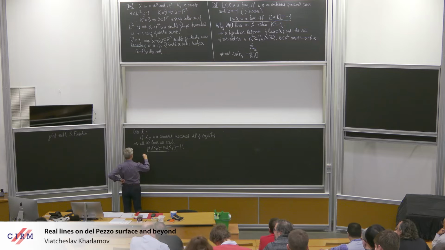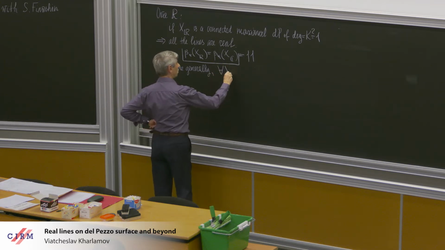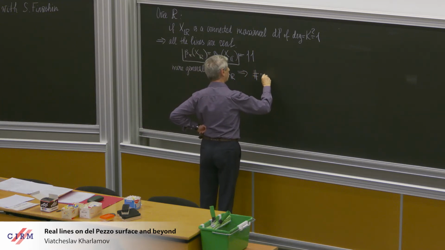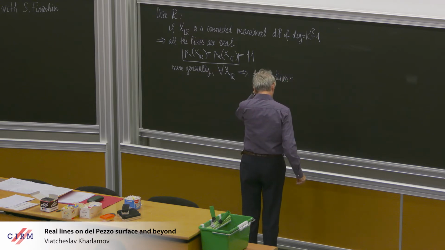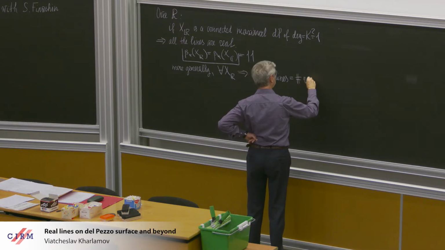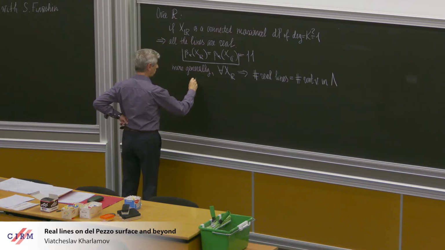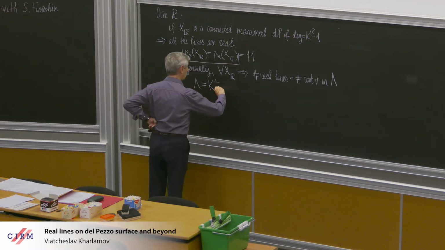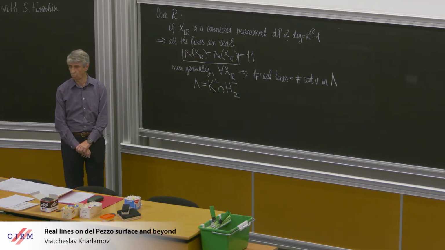And more generally, for any X_R, the number of real lines is equal to the number of root vectors in some lattice, and the lattice is just, as before, the orthogonal complement of the canonical class intersected with an eigenlattice of the surface.